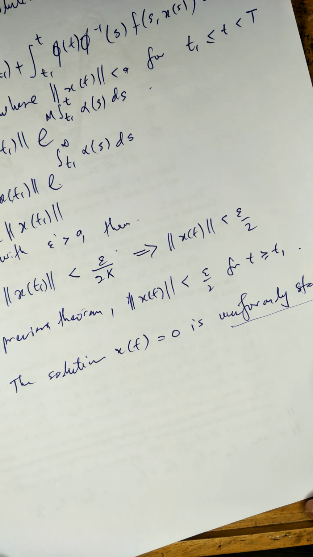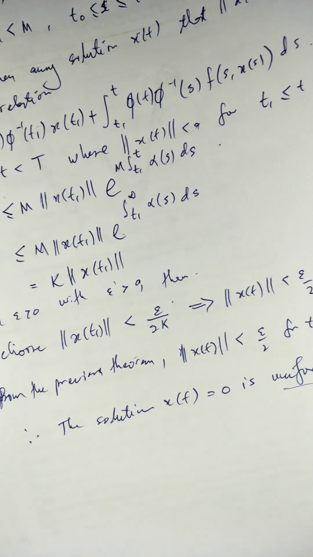Now, to show the asymptotically stable. Asymptotically stable means if you take the limit of the solution, it goes to 0.